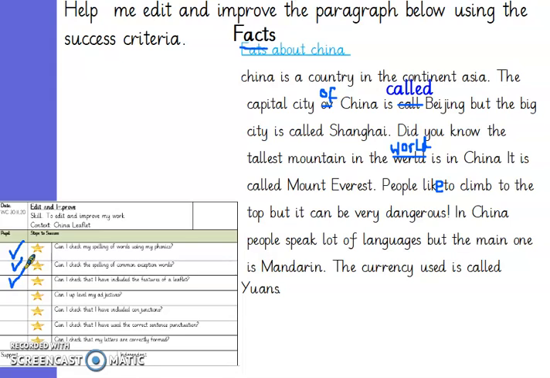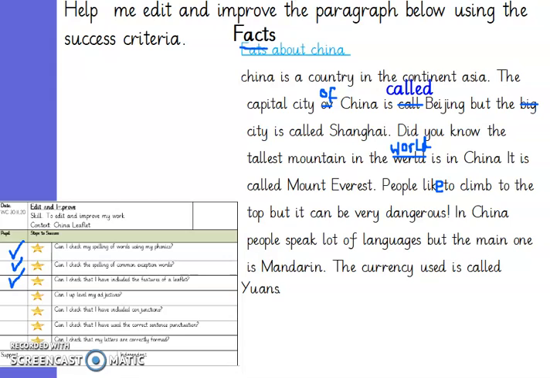Can I level up my adjectives? Now I noticed when I was reading that I'd used the adjective big, and it is the big city, but we know a lot of better words that I could have used instead of big. Pause the video and tell me which words you know instead of big. I know you know a lot.